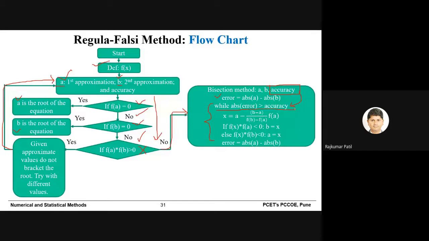As long as the error value is greater than the required accuracy, this loop will be executed, and once the absolute value of error is equal to or less than the accuracy, we come out of the loop, and we can say that the latest value of x will be the root of the equation, and we will print that value, and that will be the end of the program.